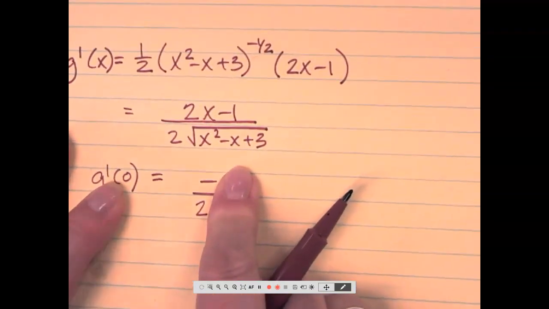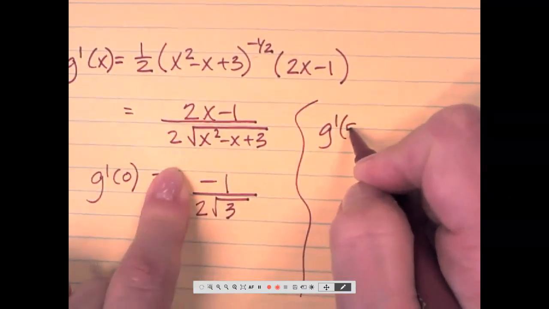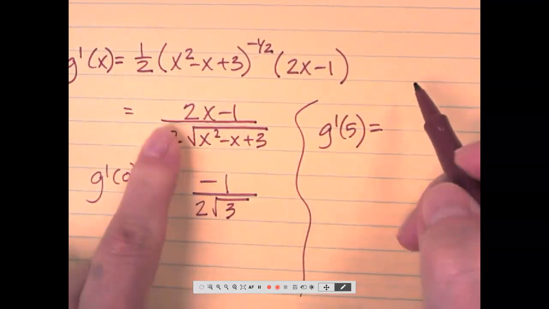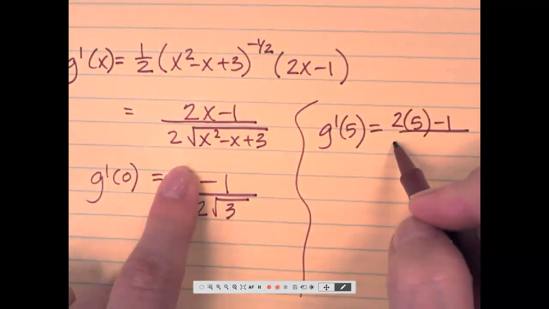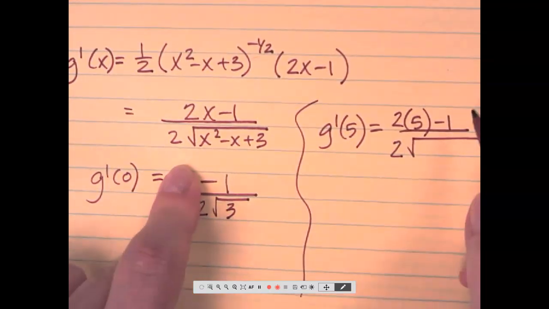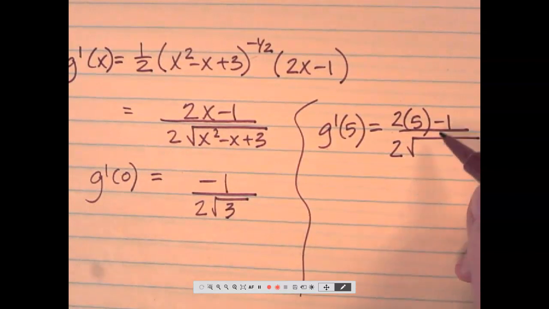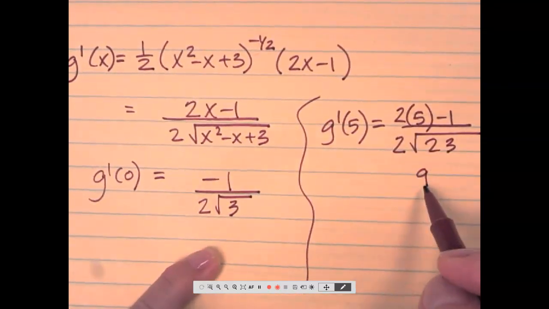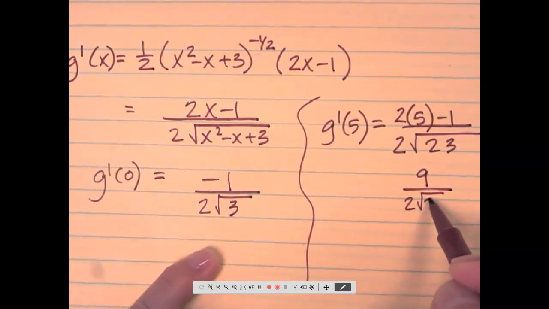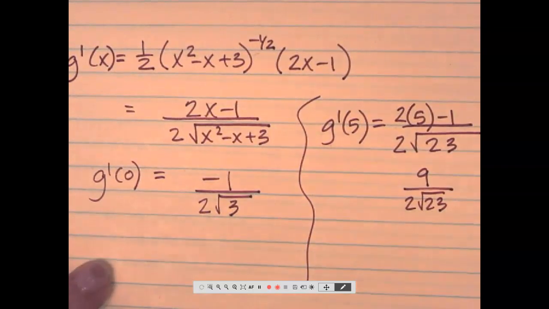So if I want to find g prime of 5, that's going to be 10 minus 1, 25, 23, 9 over 2 square root 23. Okay, that's a nice number. We'll go with it.